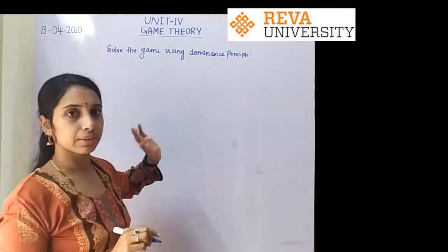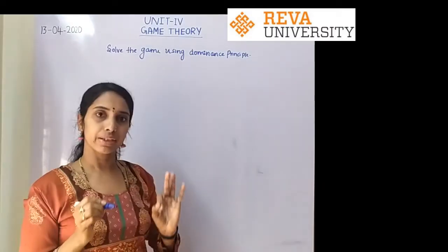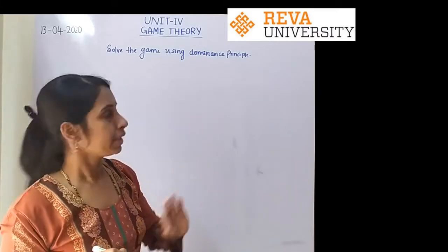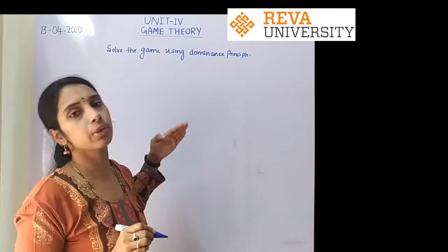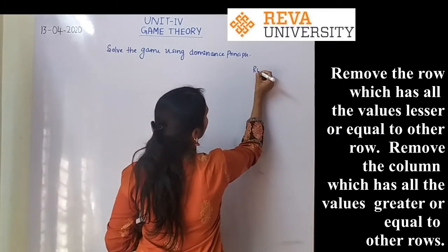As per the dominance principle, if any row in the given payoff matrix is lesser or equal to the other row, then eliminate that row.